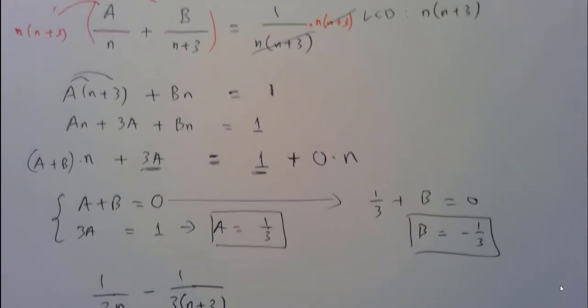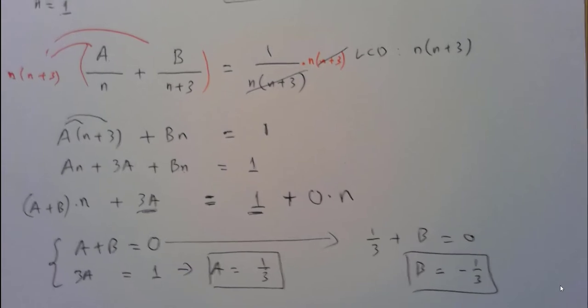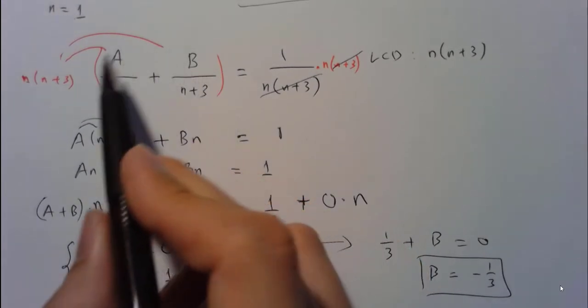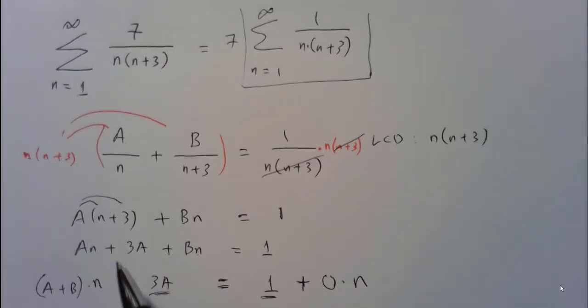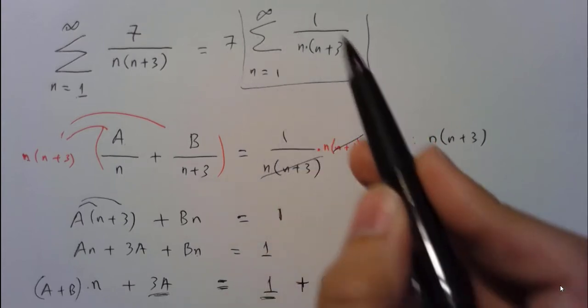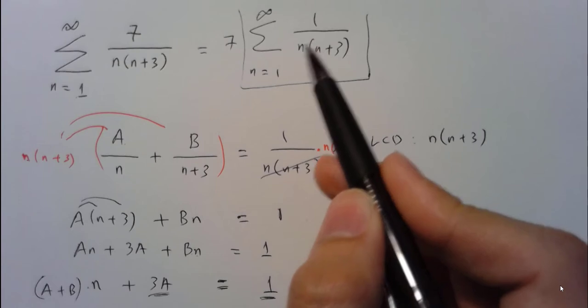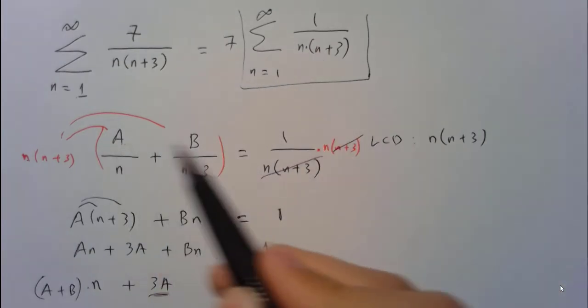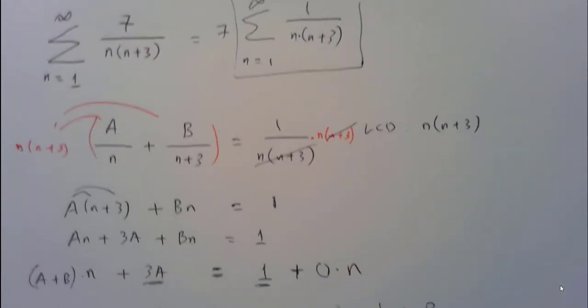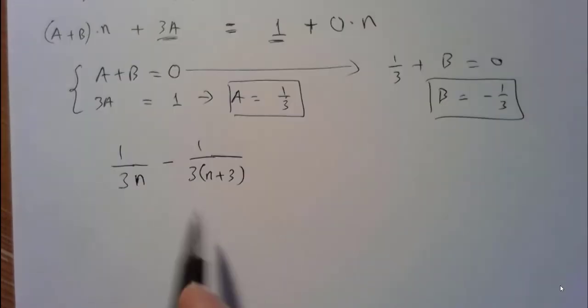Okay, so the whole sum right here, remember we need the sum, right? The whole sum, the partial fraction, I can break it down into these two partial fractions, and now I rewrite this way.